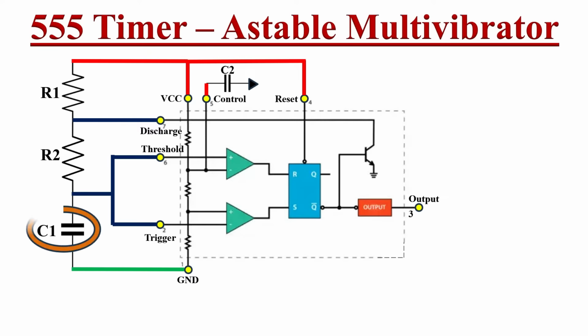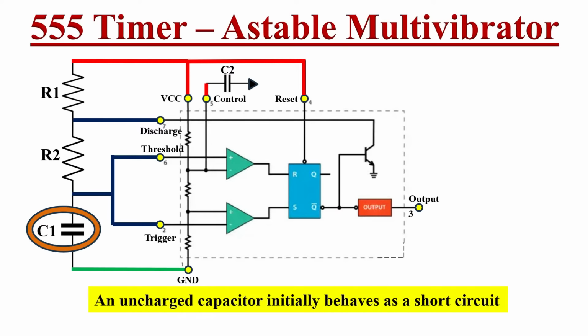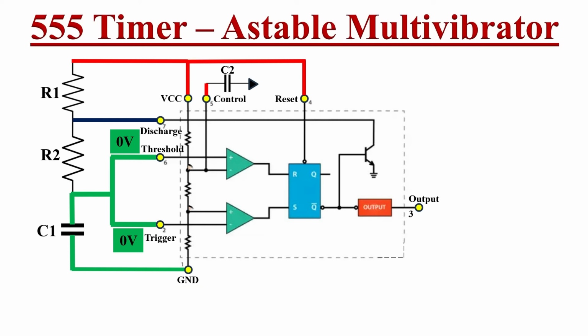Initially this capacitor is uncharged. So whenever we turn on this circuit, this uncharged capacitor acts as a short circuit. Hence the voltage at pin number 2 and 6 will be equal to 0 volts. As we know, the voltage at these two nodes of the voltage divider will be equal to 2/3 VCC and 1/3 VCC respectively.